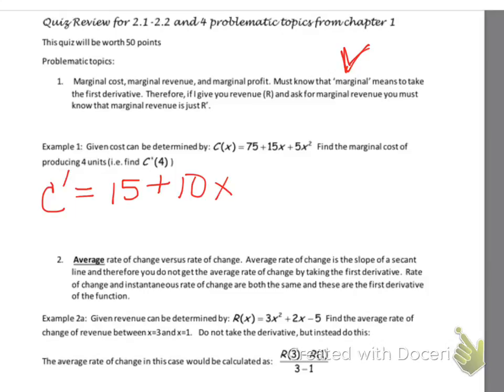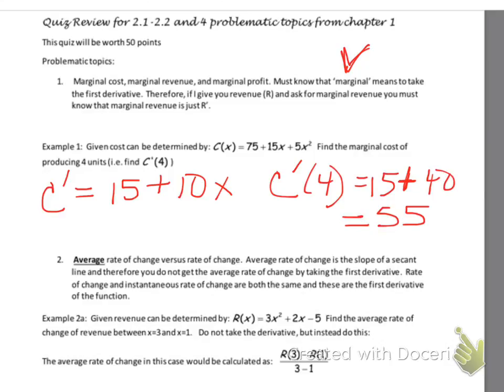Then to answer the question, you find C prime of 4, which is 15 plus 4 times 10, which is 40. So C prime of 4 equals 55, and it would be dollars per unit. That's all there is to it.